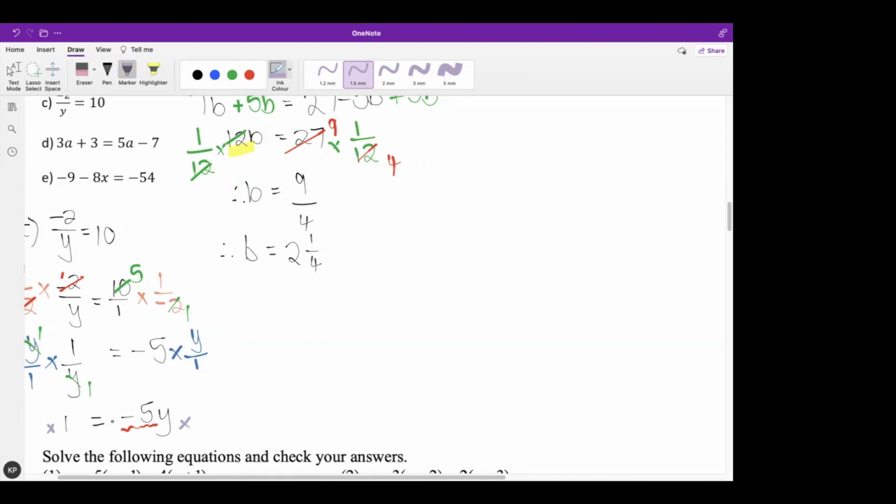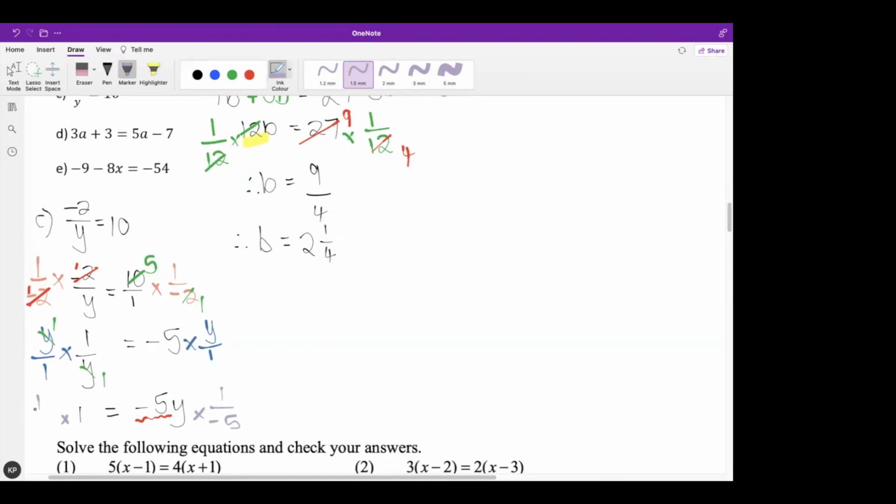I do divide by negative 5, but I multiply by 1 over negative 5. Remember the reciprocal, right? Then we can get rid of this negative 5 on my right-hand side, which means y is equal to negative 1 over 5.